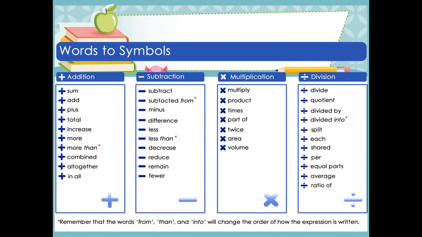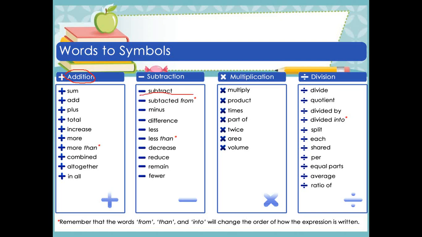Before I move to the exercises, here are words to symbols. All the words that represent addition that you will see in word problems: sum, add, plus, total, increase, more than, combined, all together, in all. These words represent addition. Subtraction: subtract from.